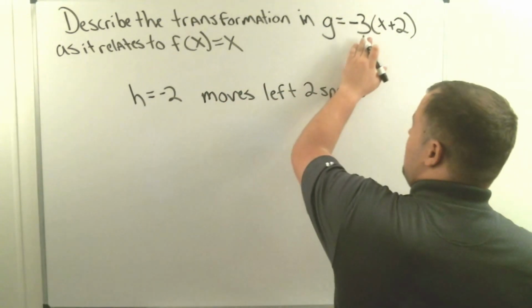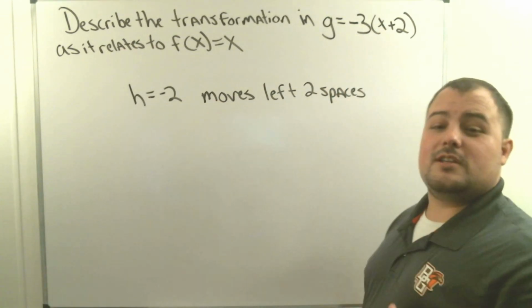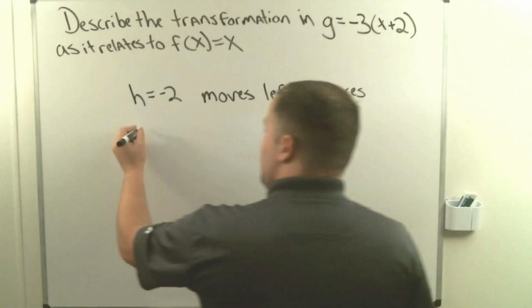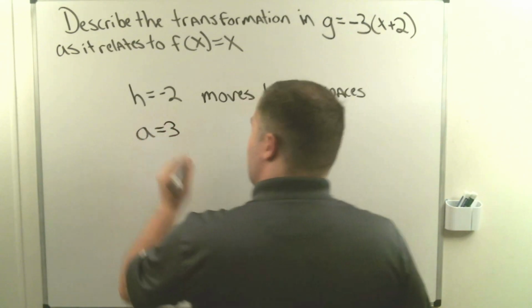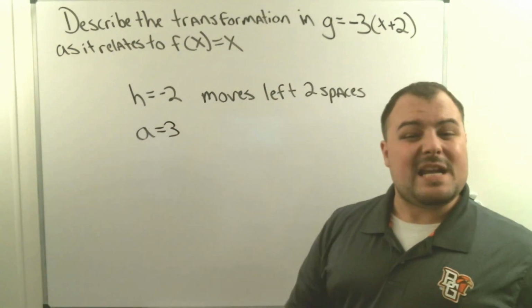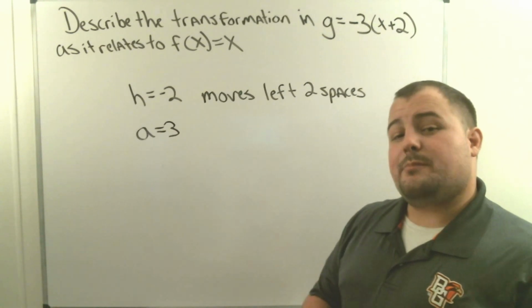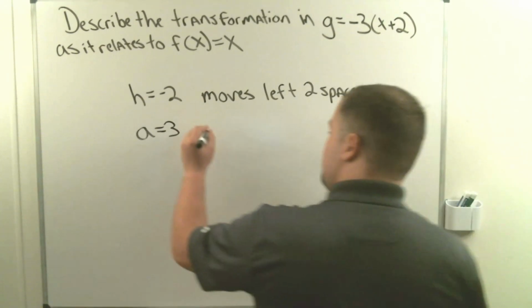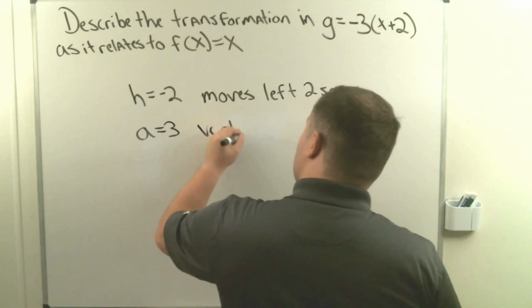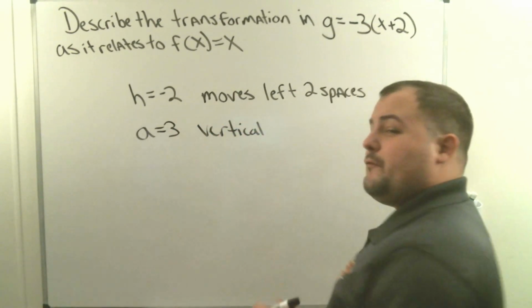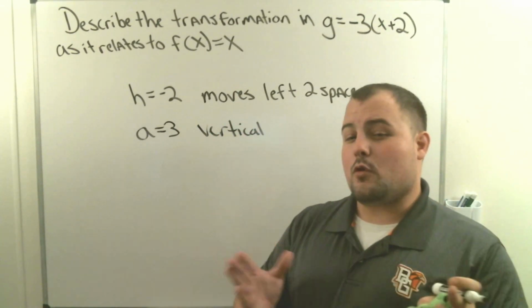Now, we're going to look at the 3, and notice that the 3 is outside parentheses. So we have our a is equal to 3, which means that it's bigger than 1. Since it's bigger than 1, and it's outside parentheses, that deals with vertical. So we're going to say that this is vertical, and vertical means that we're going for the y-axis.